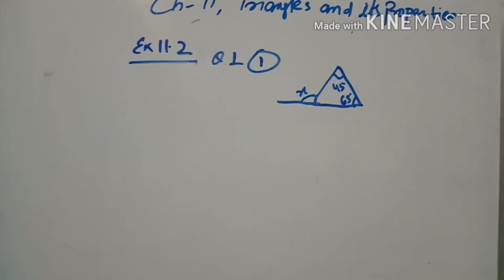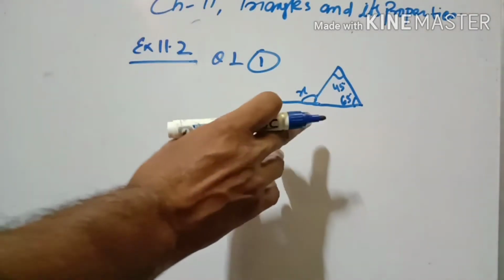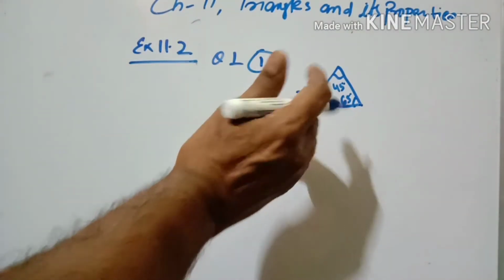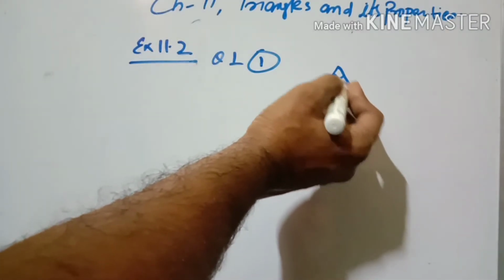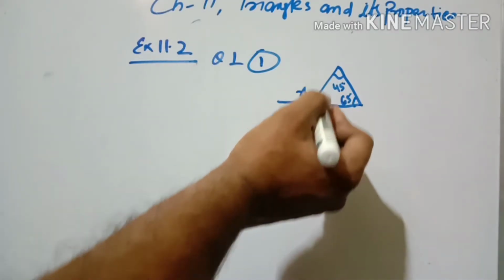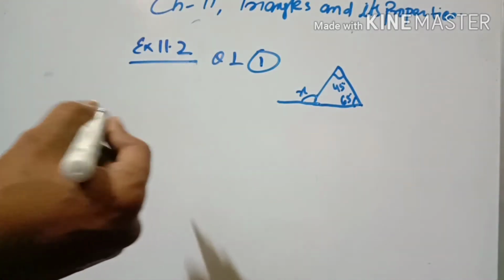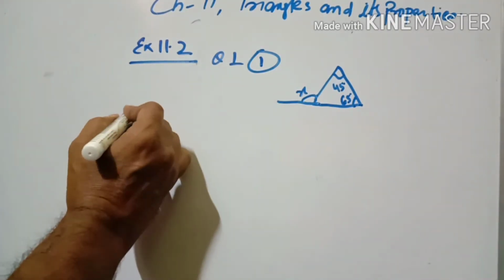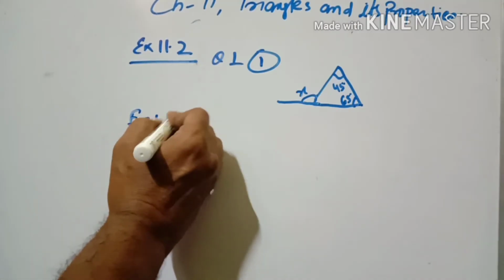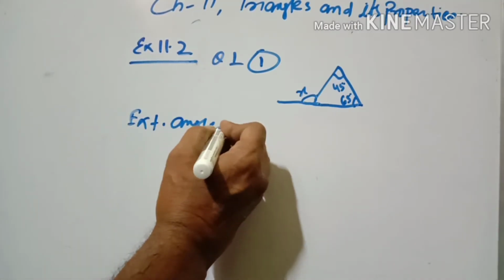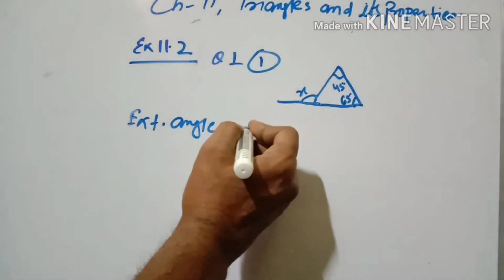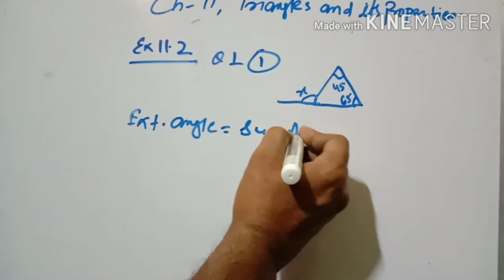Exercise 11.2, question number 1, it is given according to the figure. This is known as the exterior angle, means outside of the triangle, and these two angles are known as interior angles. In a triangle, as we know, three interior angles are there. So find the value of x. As we know, exterior angle equal to sum of two opposite interior angles.